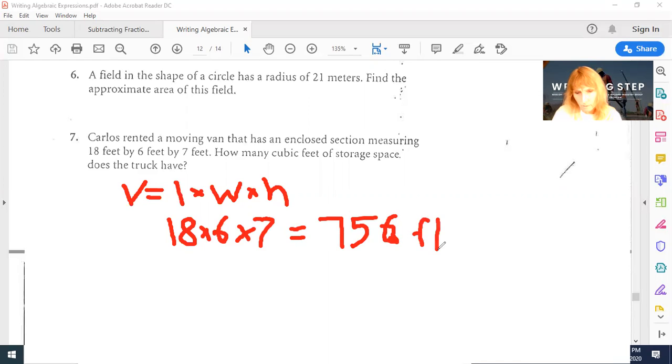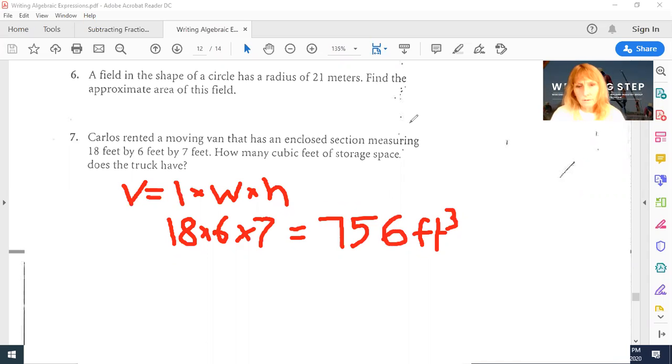So ft cubed. 756, I don't like my 6, it's bugging me. Fix it. 756, that's better, cubic feet.